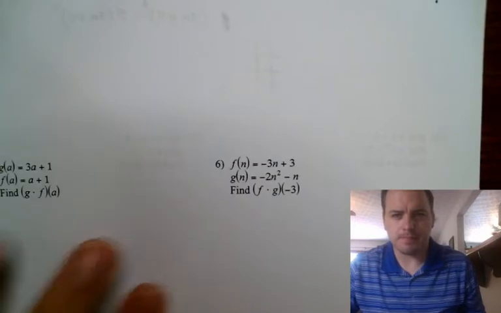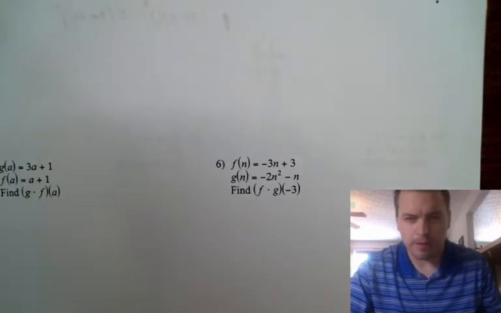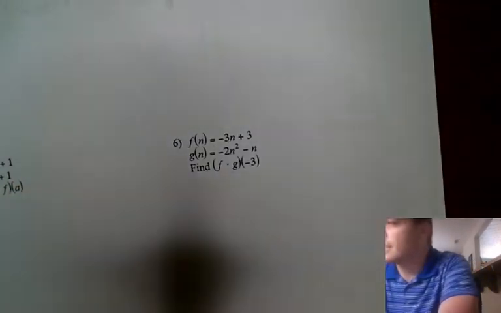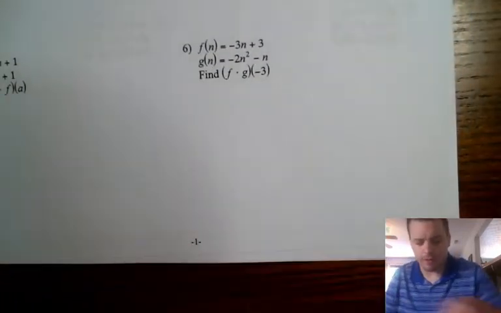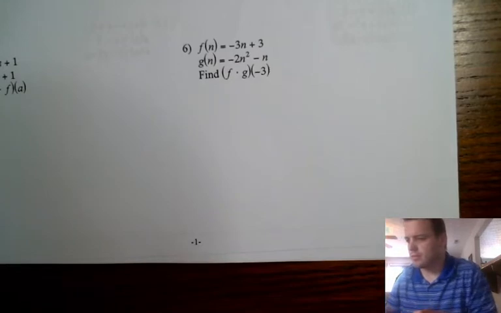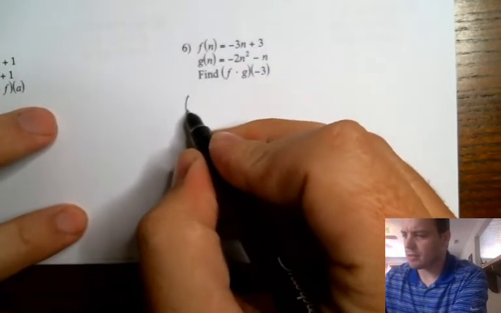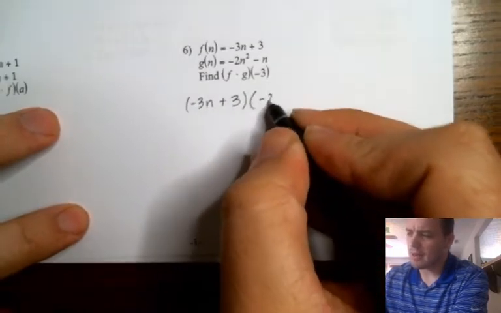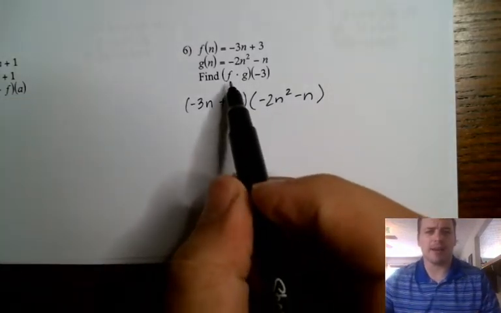Looking at number 6, it says f times g of -3. So Taylor, I'd want to say -3n plus 3 times -2n squared minus n. We're multiplying f times g.